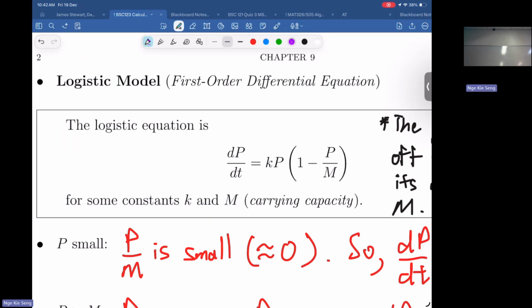So df over dx is equal to f. So e to the x satisfies a differential equation where, after differentiating, you get back yourself. This one, after differentiating, you get back a form of yourself: kP times 1 minus P over N. So we will study a variant of these.